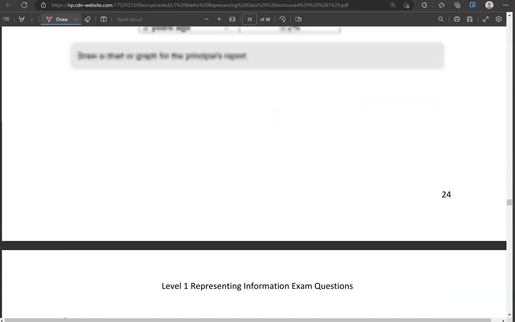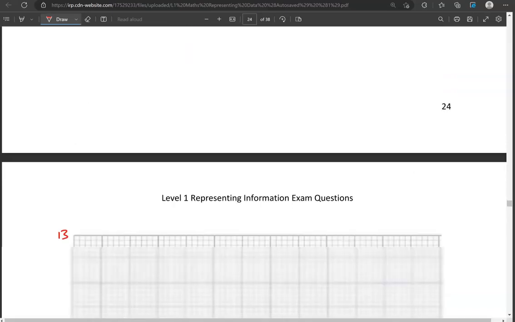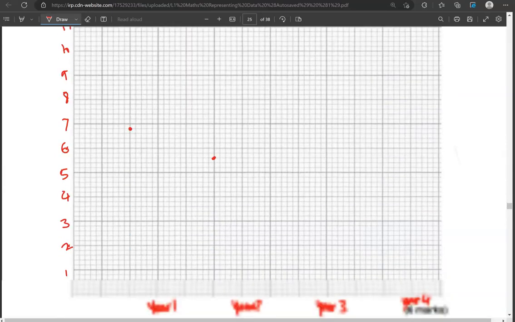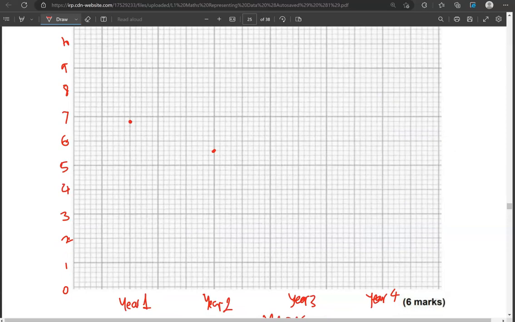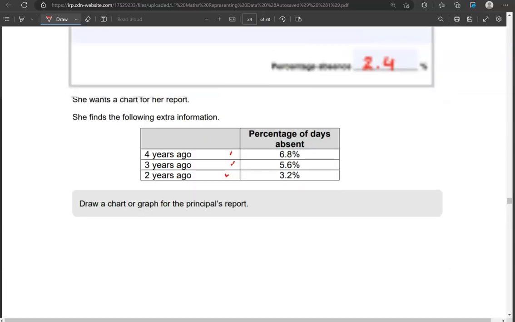Year 3 goes to 3.2%. And year 4 is 2.4%.